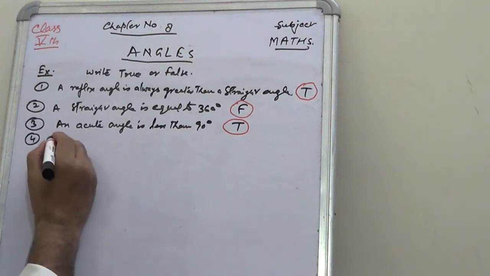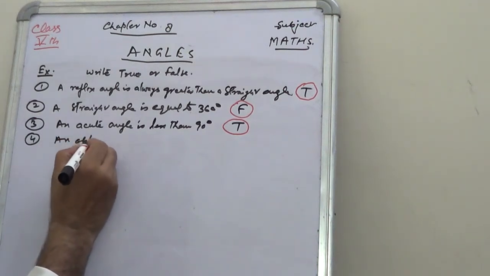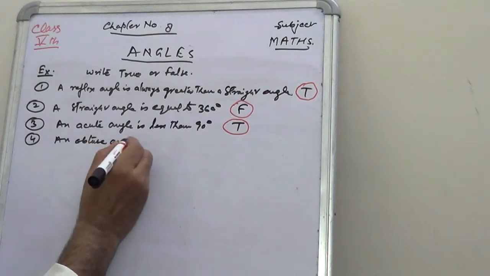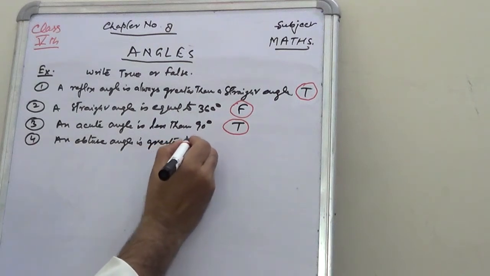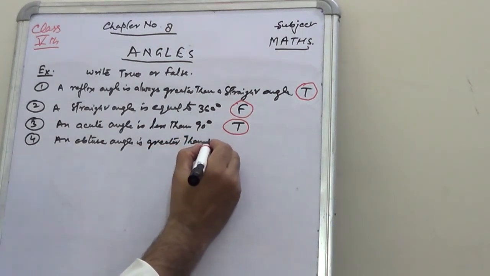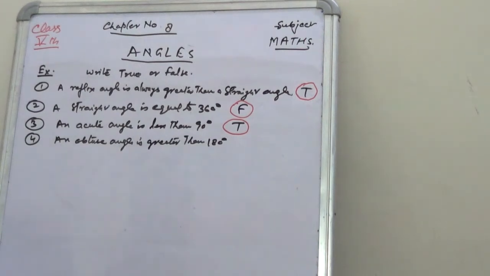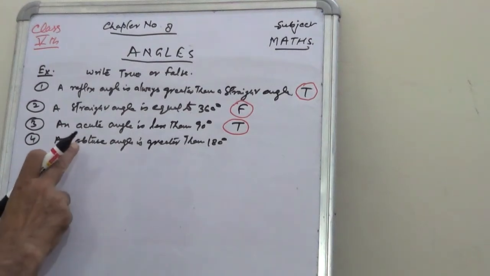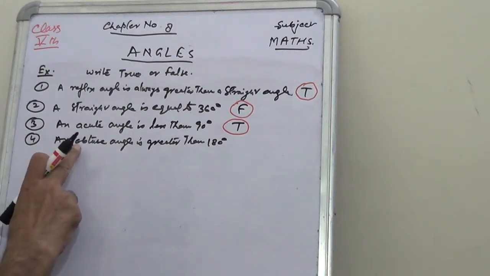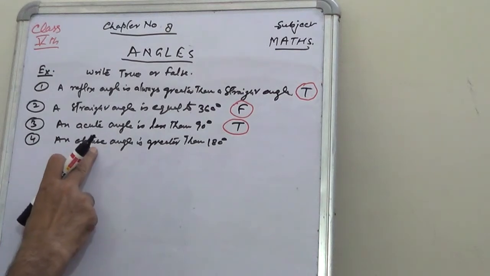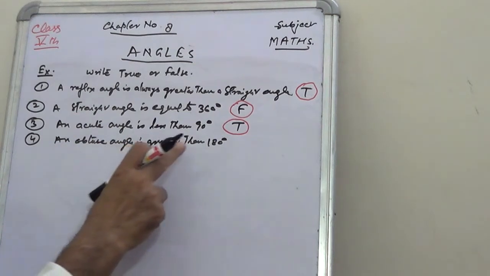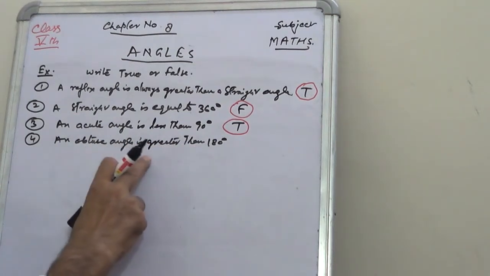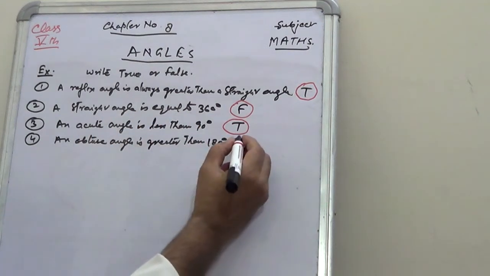An obtuse angle is greater than 180 degree. What we learnt when we went into the definition of obtuse angle? Obtuse angle is one that lies between 90 degree to 180 degree. So an obtuse angle is not greater than 180 degree.